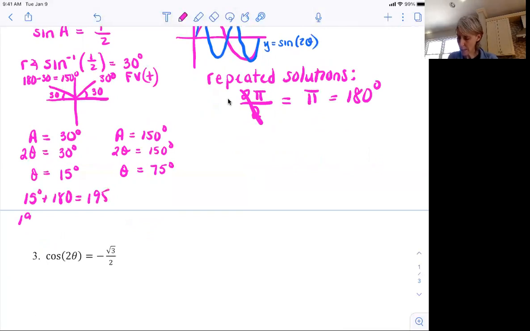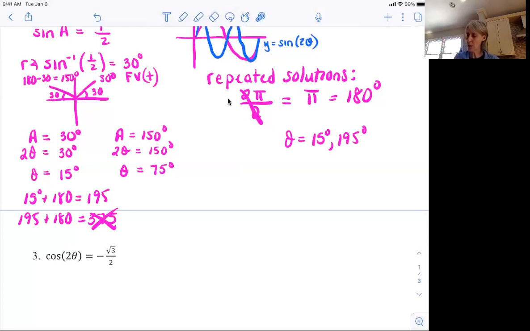And I would take 195 and add 180. But if you notice, what would that number be? 375. That's outside of our interval. So the two solutions for our first batch of solutions here are 15 and 195.